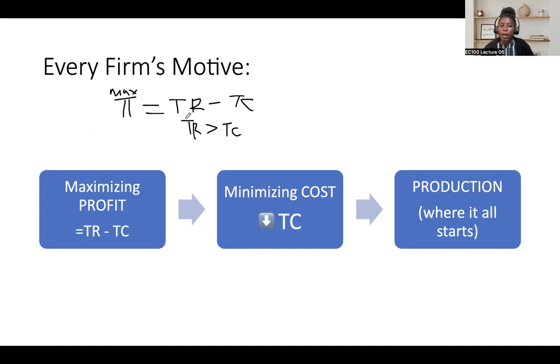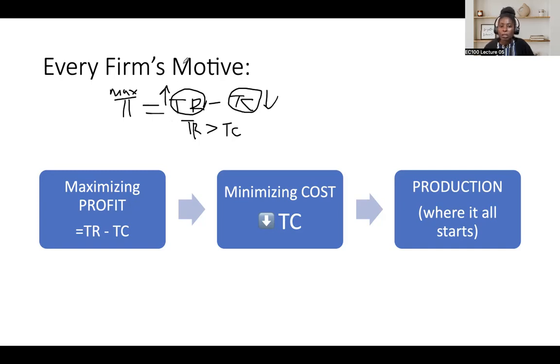Either our total revenue must be as high as possible, or our total cost must be as low as possible. So we find ways to increase our revenues. Maybe you change the price, or increase customers. If you increase customers, you'll have more sales, then you have more revenues, right?